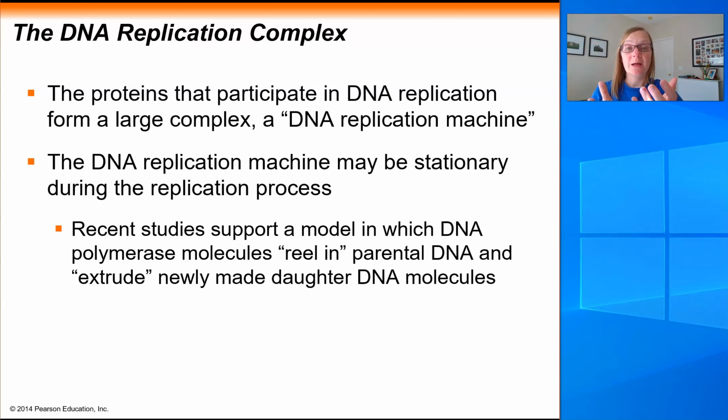Make this big complex. So things like the helicase and parts of the DNA polymerases all kind of hang out together as this big DNA replication machine, and they pull the unduplicated DNA in and then push out the duplicated DNA. So it's more like the DNA itself is moving rather than the proteins.